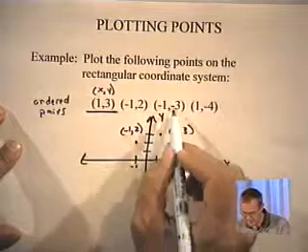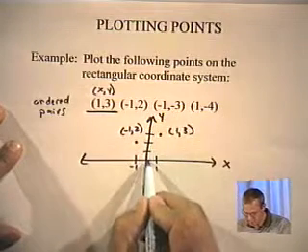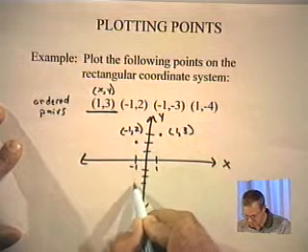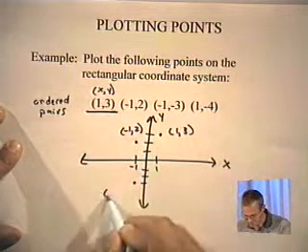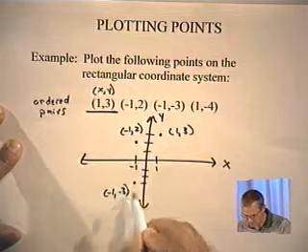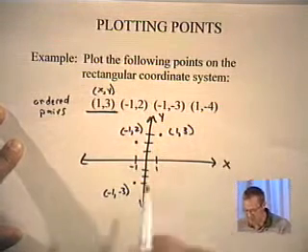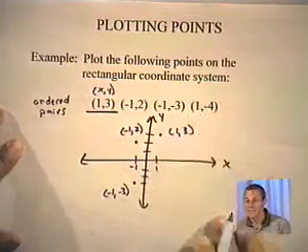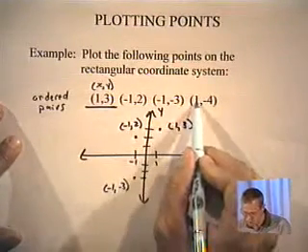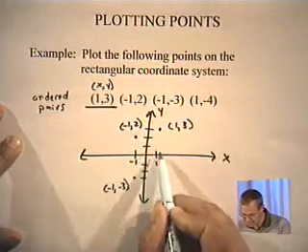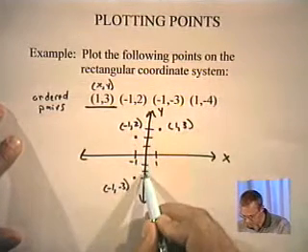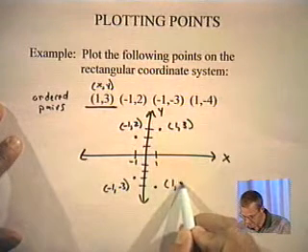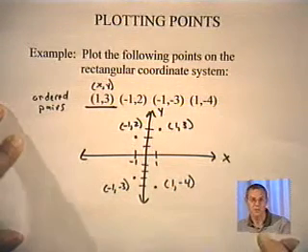The point (-1, -3): I'll go over -1, and I'll go down 3. You probably have the hang of it by now, but I'll go ahead and plot the last one. Let's plot the point (1, -4). So let's go to the right 1 on the x, and then we'll go down 4 on the y. And that's all there is to plotting points.